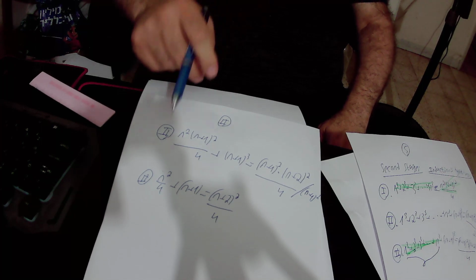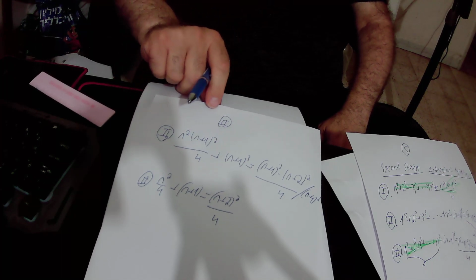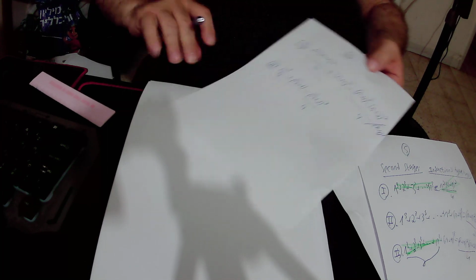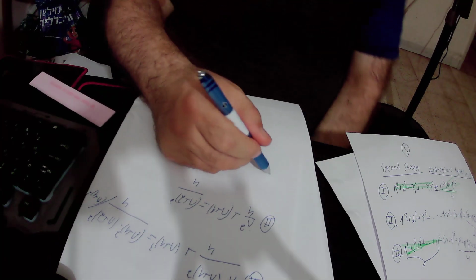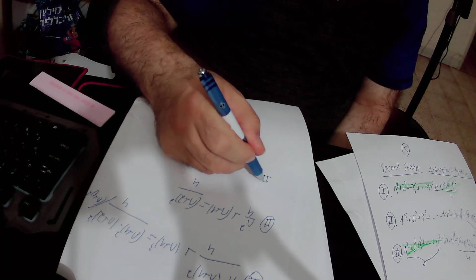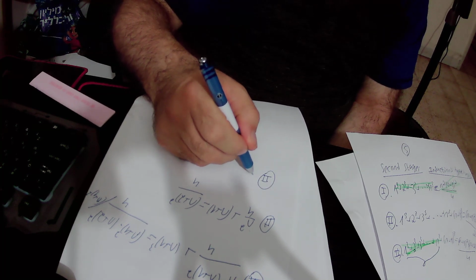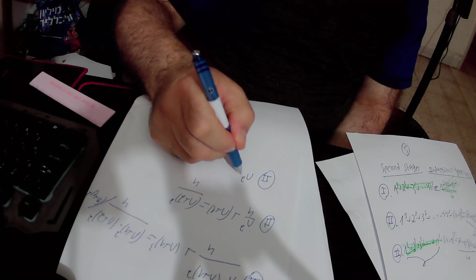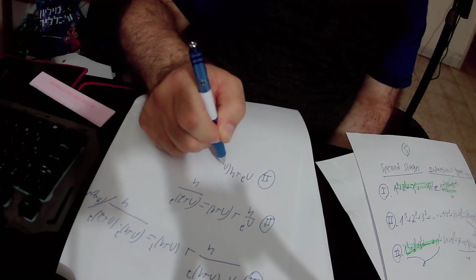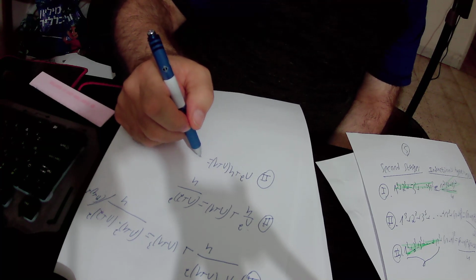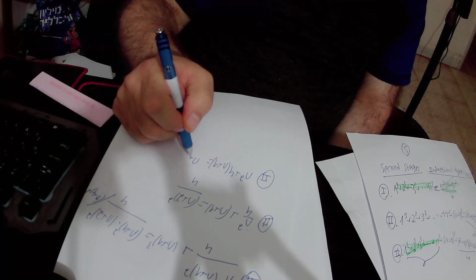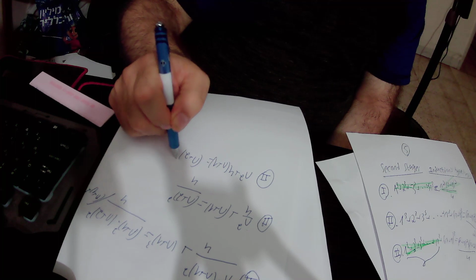Here we can multiply both sides of the equation by 4. So we get that n squared plus 4 times n plus 1 equals to n plus 2 squared.